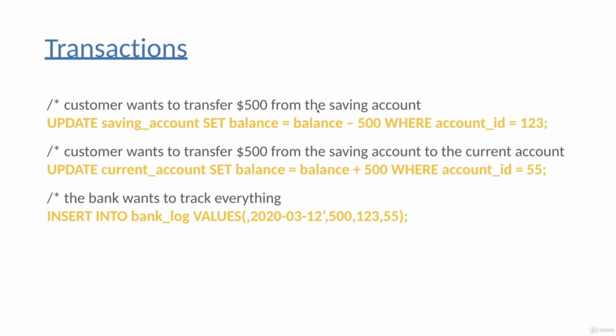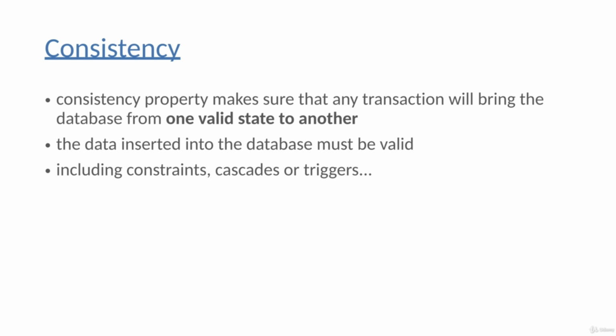What does it mean? That the balance will be decremented by $500 as far as the saving account is concerned, and on the other hand, the balance in the current account will be incremented by $500. So this is called consistency, that the changes are going to be self-consistent. Okay, so this is the second principle.